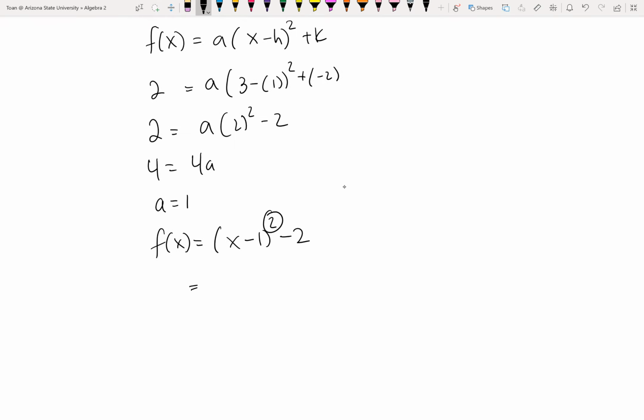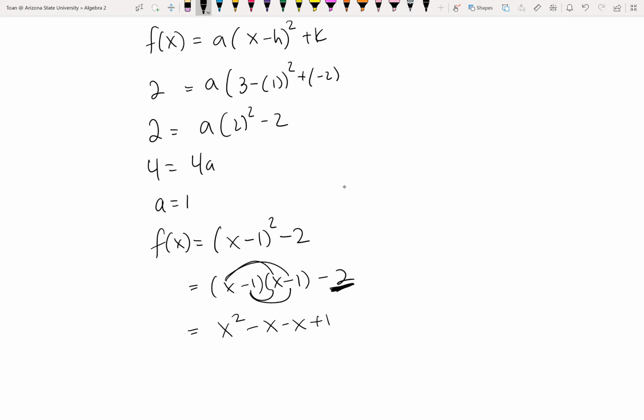You have to remember that squaring something means multiply by itself. So that's (x - 1)(x - 1). And then don't forget this minus 2 here. Then you just go ahead and FOIL, repeated distribution, the first two parentheses. So x times x is x squared. x times -1 is -x. -1 times x is -x. -1 times -1 is a positive 1.